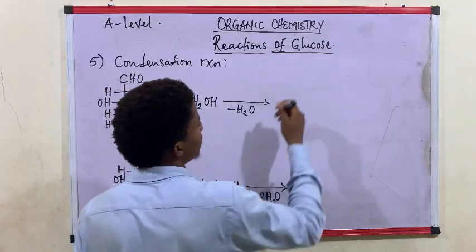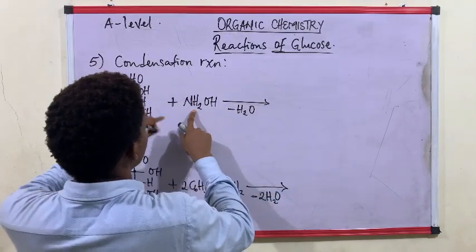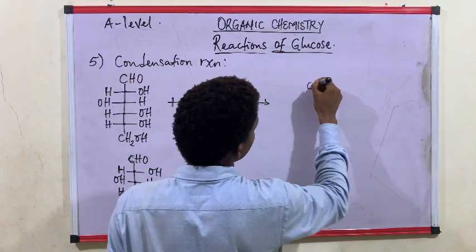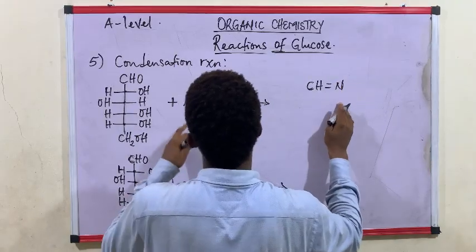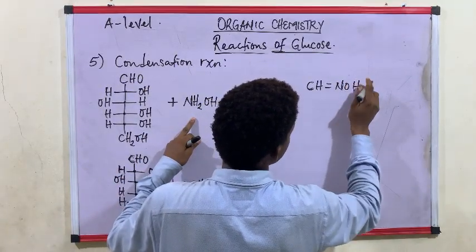Our oxime is what we get after you remove water. So we are now left with CH double bond NOH.